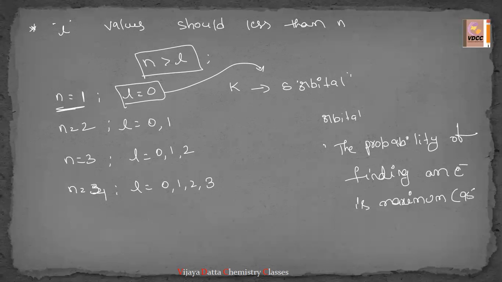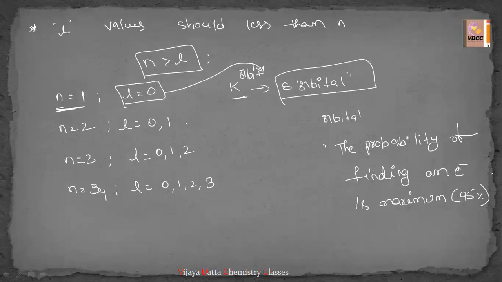Maximum is nothing but we can take 95%. That is called an orbital. So when n equals 1, that is the K shell, in which only one s orbital is present.